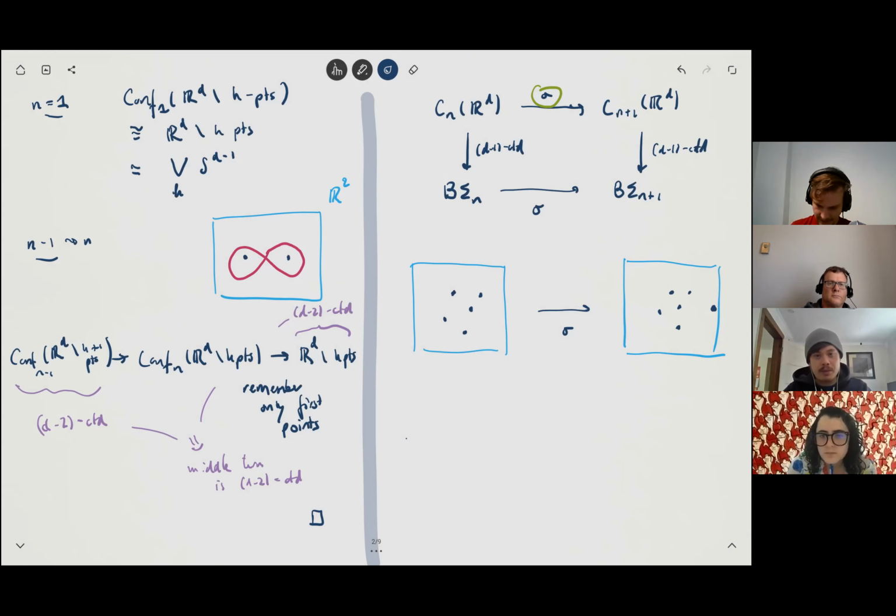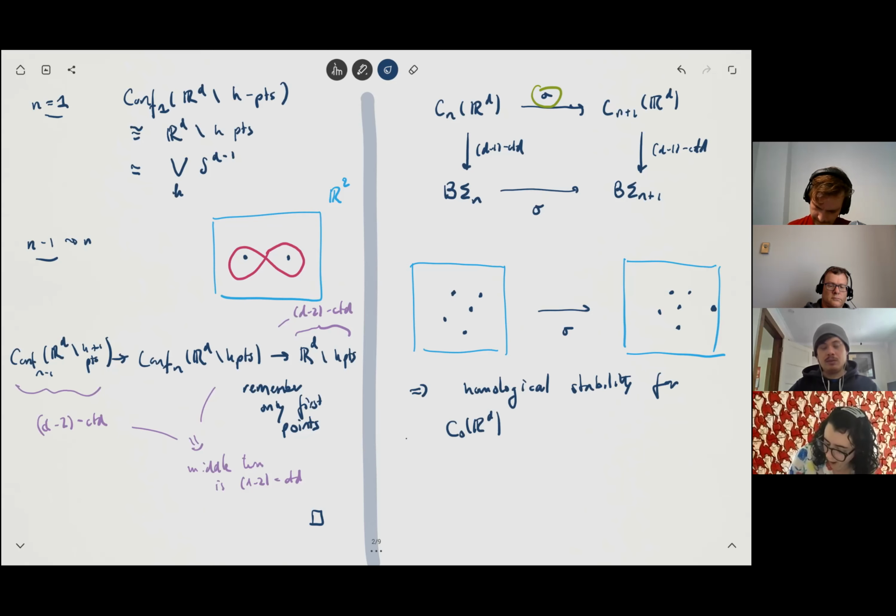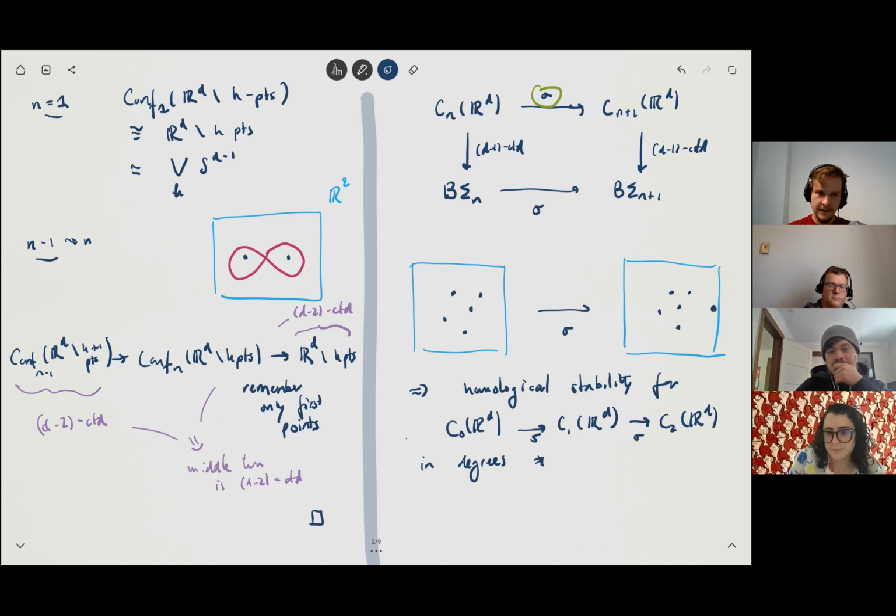So as a consequence, you would get homological stability for the sequence C_0 to C_1. I guess d needs to be at least 1 for this map to be defined. And the way we've proven it, you would get it only in degrees * smaller than d-1. But in fact, it's true all the time.